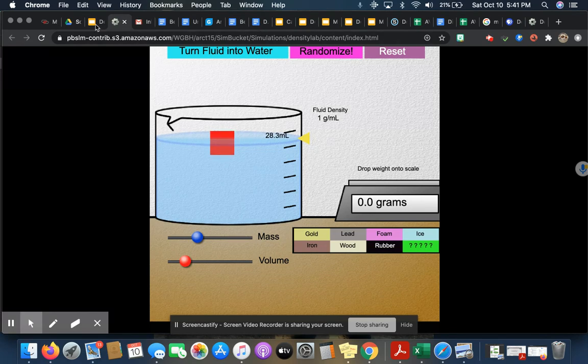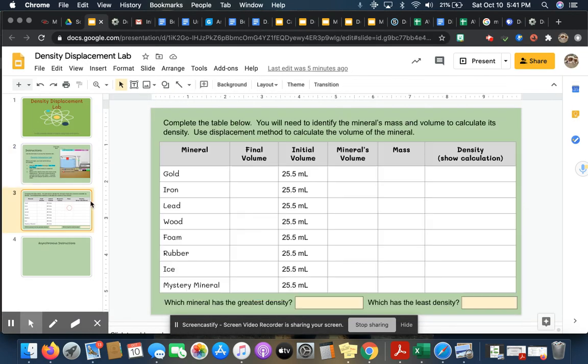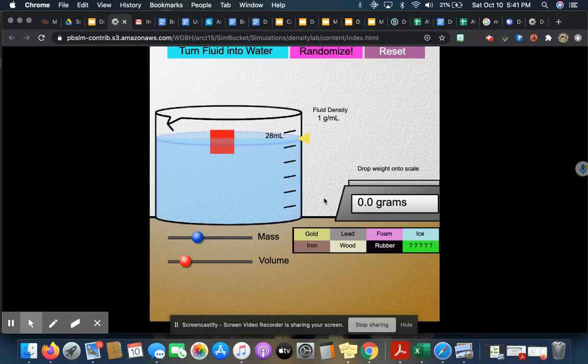So the first mineral on our lab is gold. So I'm going to go back to my screen here, and I'm going to click gold. And gold is going to form right here. So when the gold sinks to the bottom, my final volume is 27.6 milliliters.